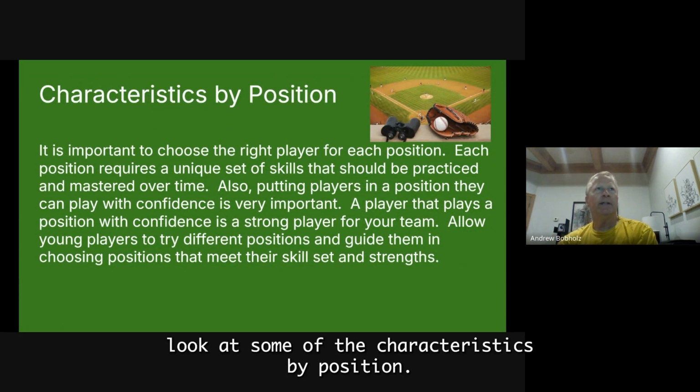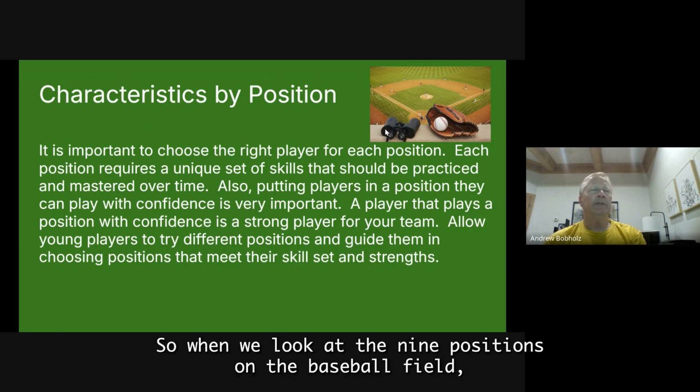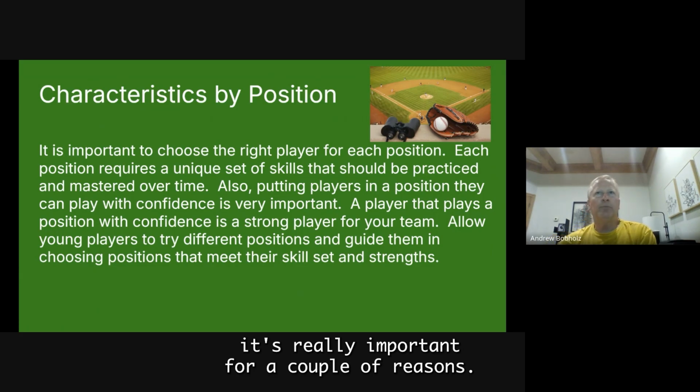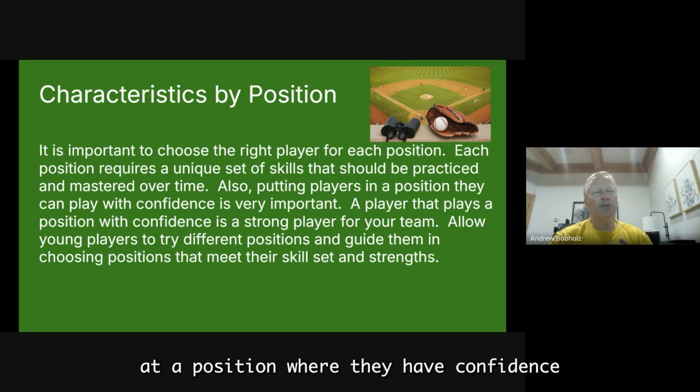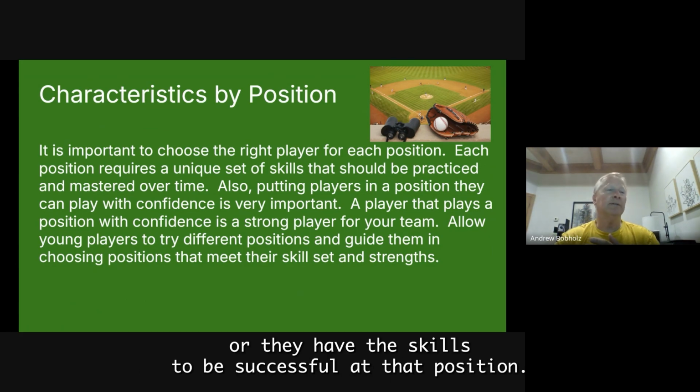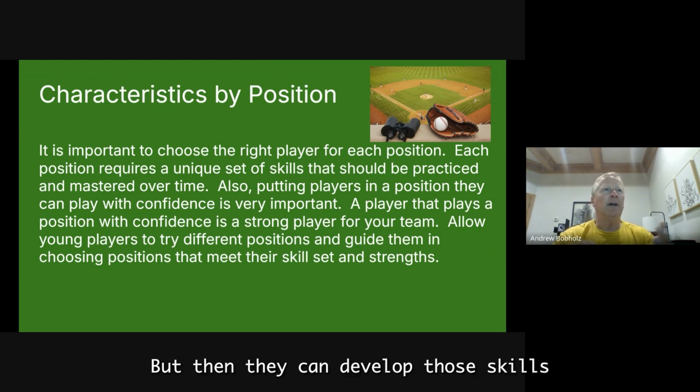So then let's look at some of the characteristics by position. When we look at the 9 positions on the baseball field, it's really important for a couple of reasons. Number one, you want kids playing at a position where they have confidence, where they have the skills to be successful at that position.